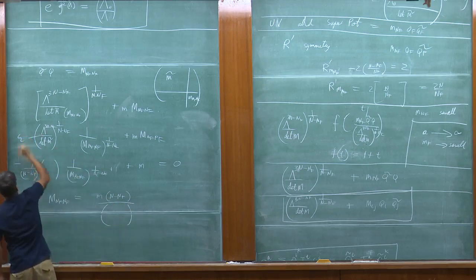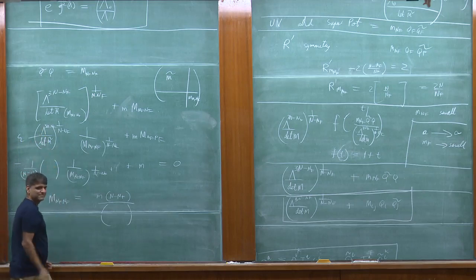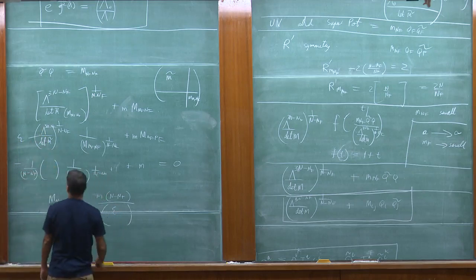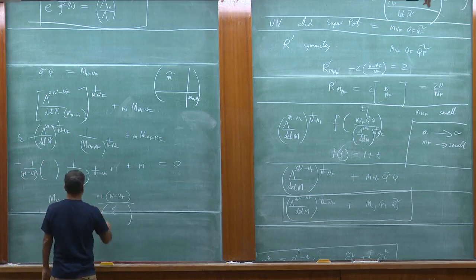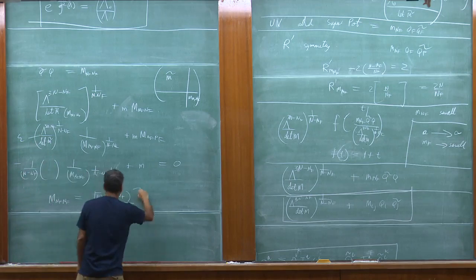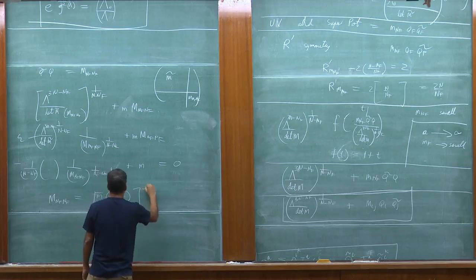Let me call this whole thing zeta. Okay, divided by zeta to the power minus n minus nf.